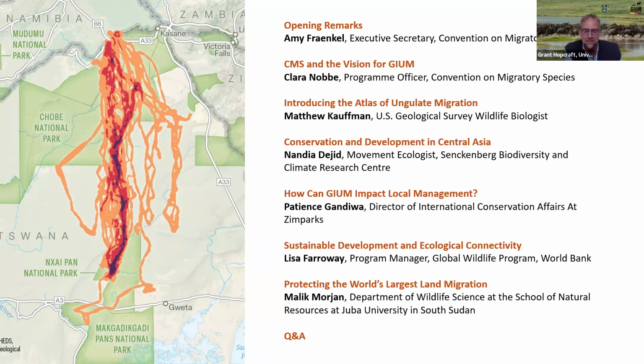She's worked extensively for the United Nations and the US government, with roles such as the director of UNEP for North America. She's currently the executive secretary for the Convention on the Conservation of Migratory Species of Wild Animals, which we all know in its short form as the Convention on Migratory Species, CMS. So, Amy, thanks very much for being here today, and I'm going to pass the floor over to you to open the ceremonies for us.